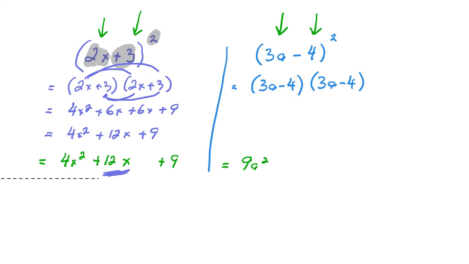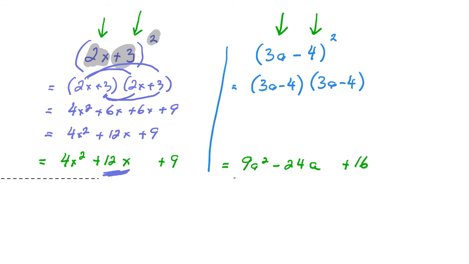Negative 4 squared is positive 16. The middle term is twice the first term and the second term multiplied. So 2 times 3a is 6a. 6a times negative 4 is negative 24a. So 2 times 3 is 6, times 4 is negative 24a.